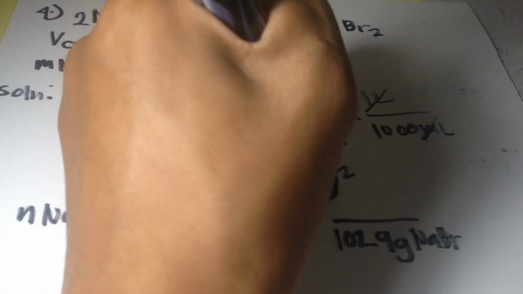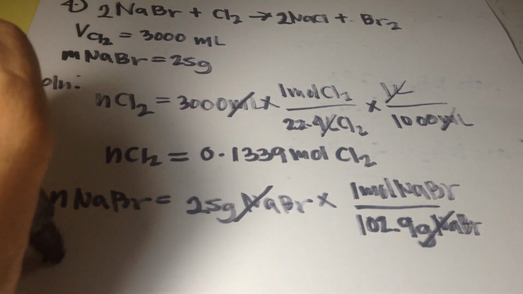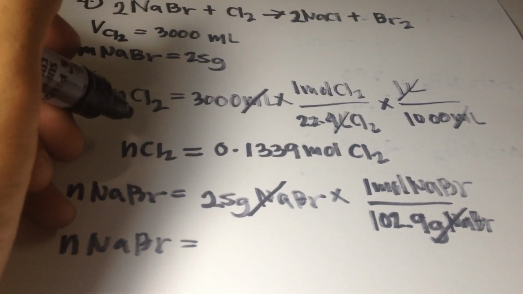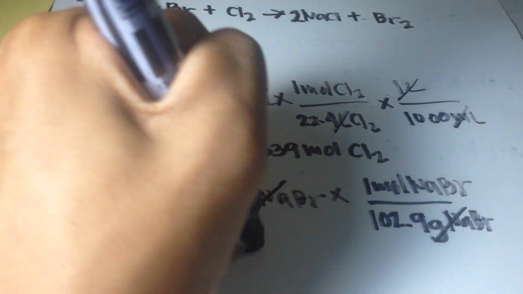And then cancel out grams. 25 divided by 102.9 is equal to 0.2450 moles of sodium bromide.